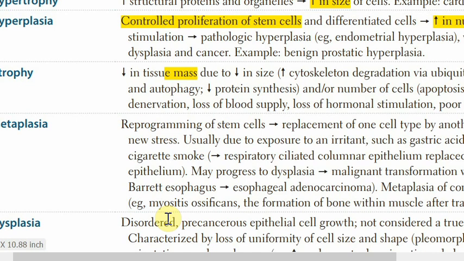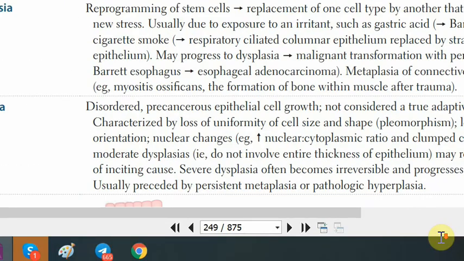If they ask you where the stem cells of the skin are located, you will say it's located in the stratum basale. If they ask you where the stem cells of the lung are located, you will say they are the alveolocytes type 2. So you need to be comfortable with these concepts because they are super important and they do ask a lot of questions about it. Okay, so yeah, so it's a controlled proliferation of the stem cells creating us more cells.